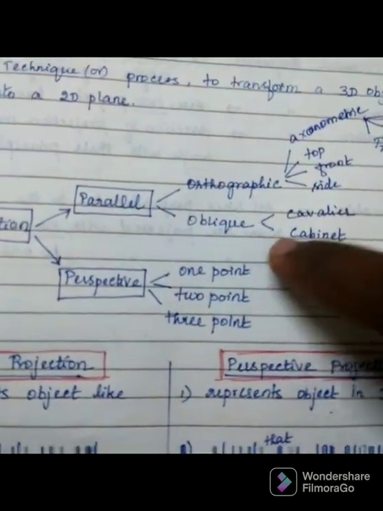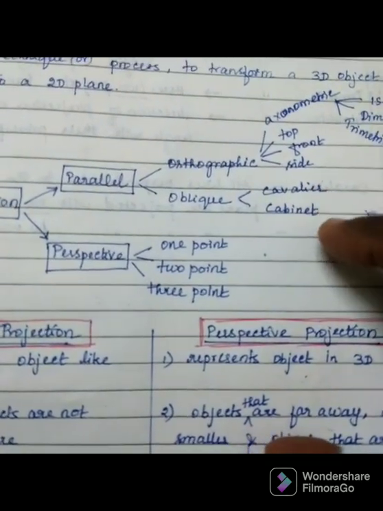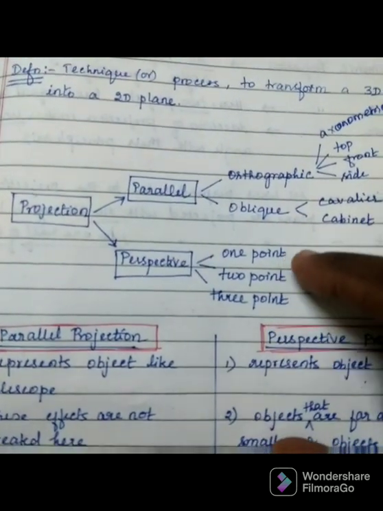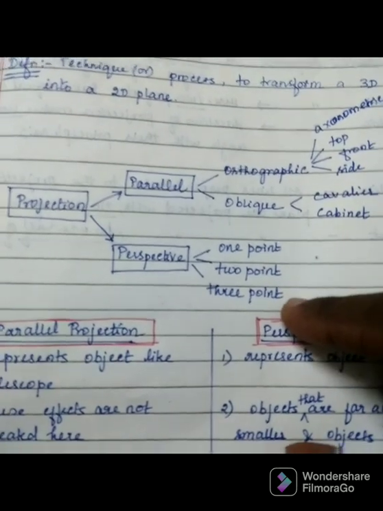Similarly, oblique parallel projection is of two types, cavalier and cabinet. Similarly, perspective is of three types, 1 point perspective projection, 2 point and as well as 3 point.